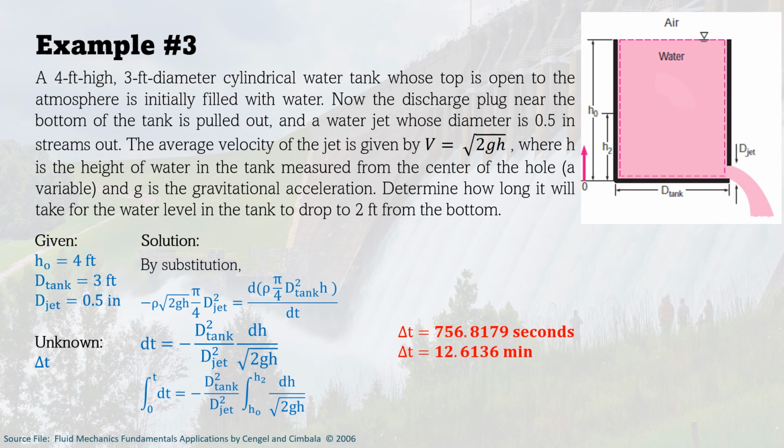By integrating dt from 0 to time t, we also integrate the right side from the height h1, which is the full height of the tank's water level, to a height h2, which is 2 feet from the bottom. That is our h2, as you can see here. So we integrate.